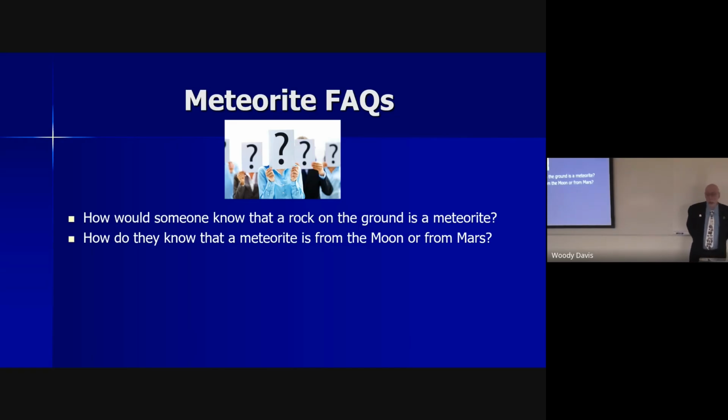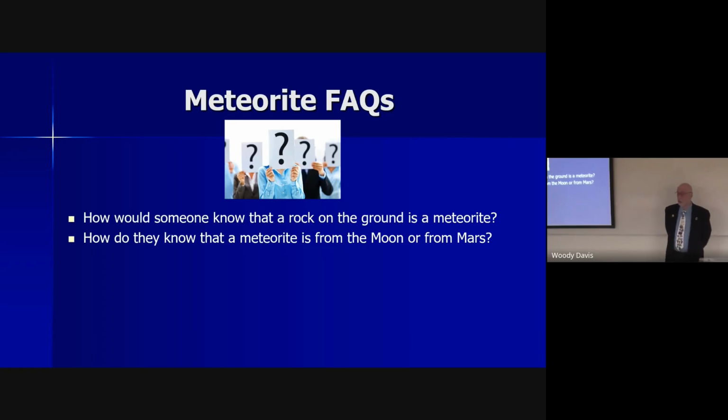But what they can do is find glasses embedded in the Martian meteorites or in these asteroids that contain samples of gas that have been encapsulated when the impact occurred on the Martian surface.